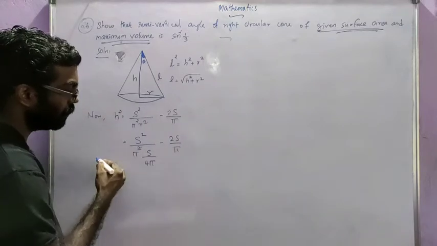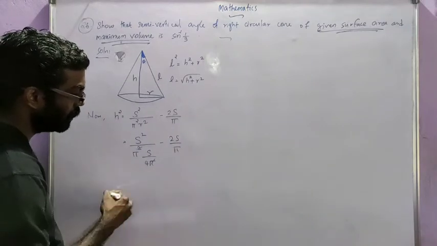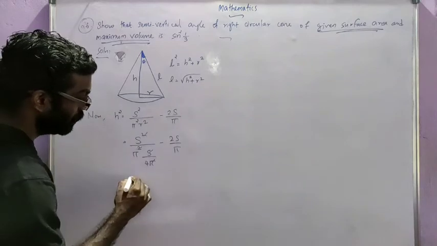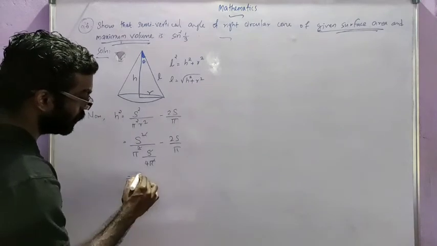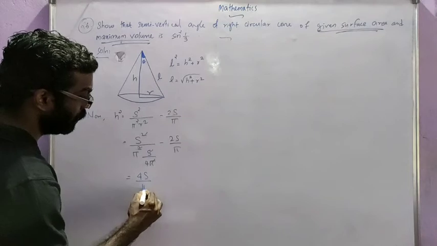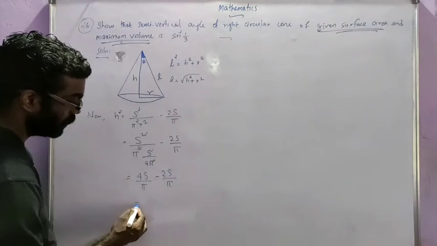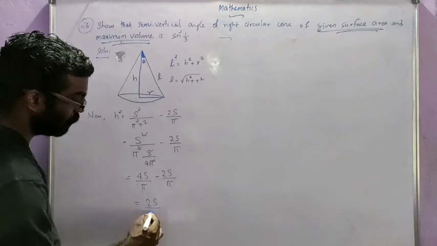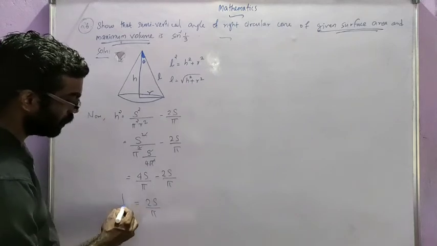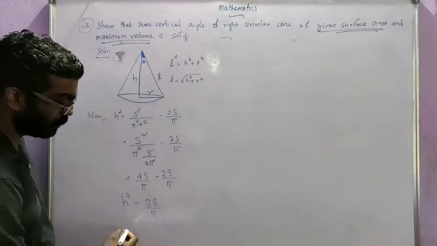Here we can cancel one pi and pi, s and s. 4 goes on the numerator. 4s by pi minus 2s by pi, which is equal to 2s by pi. h square equal to 2s by pi.